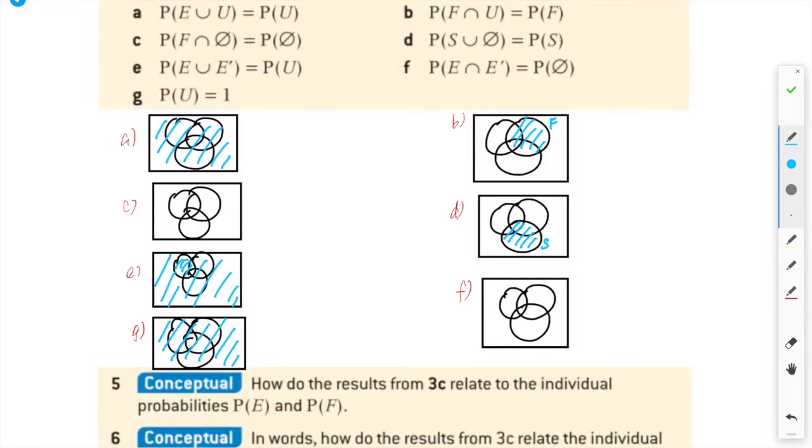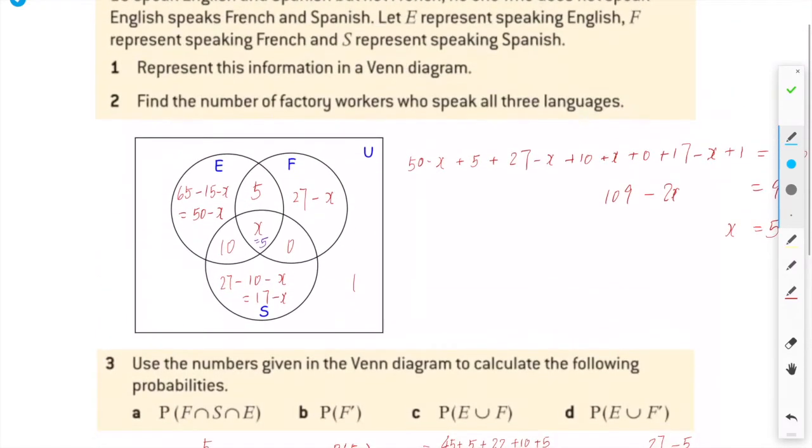So number 5, how do the results from 3C relate to the individual probabilities of P of E and P of F? So 3C told us that E or F is to include everything in E and anything else in F. But if I include the entire F, this middle region got counted twice, correct?